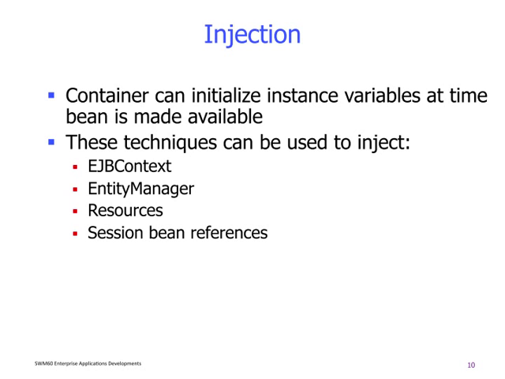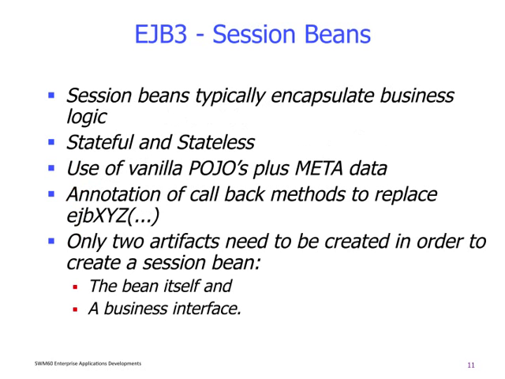Here, if something goes wrong, it will go wrong at the moment of deployment, because at the moment of deployment, the container will try to find and inject the resource, and if it can't find the resource, you won't be able to deploy, and you get an error message, deployment was not successful.